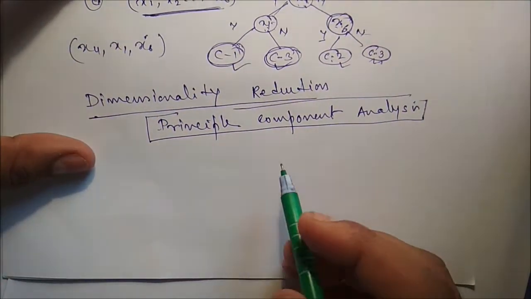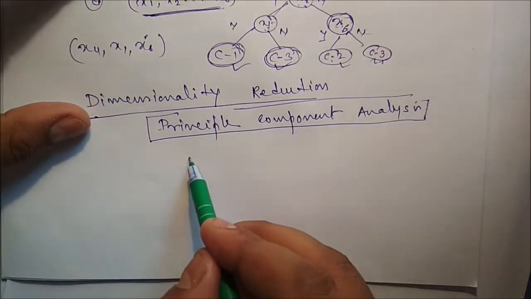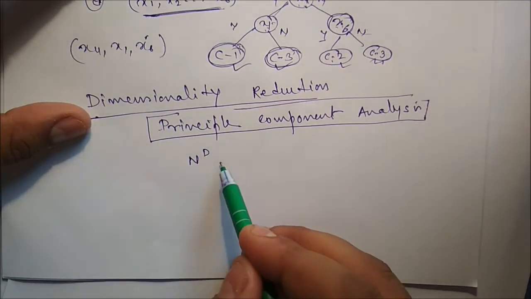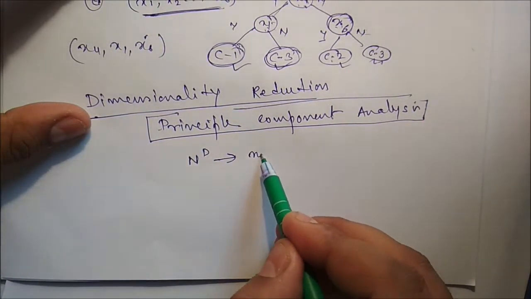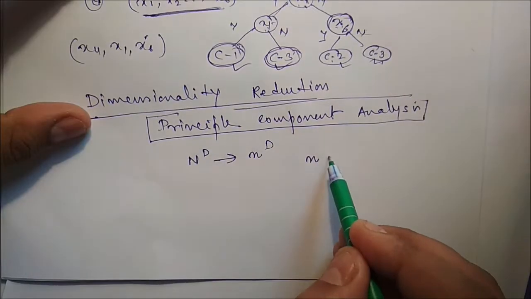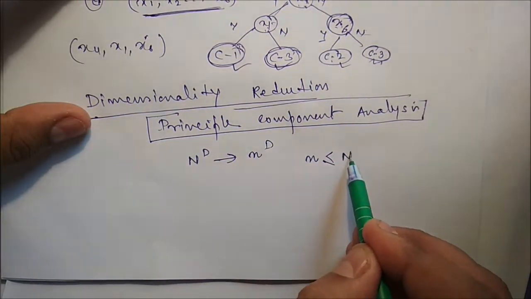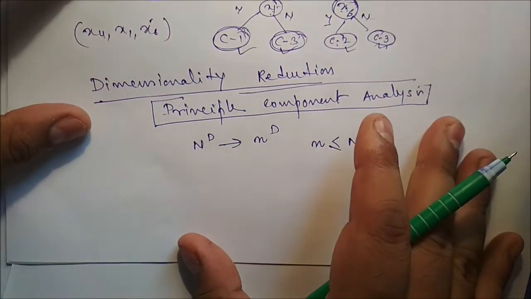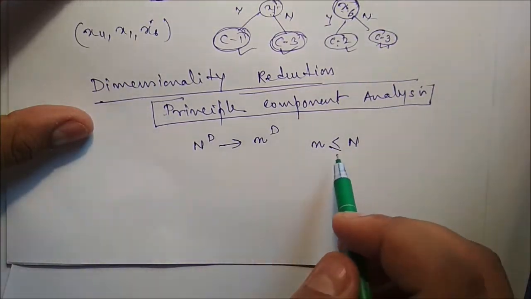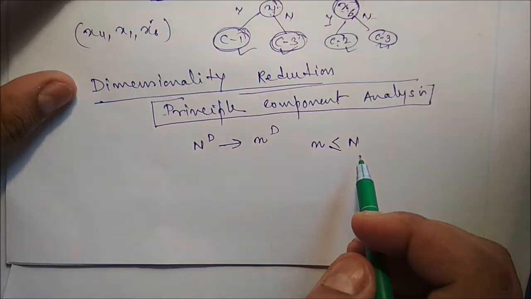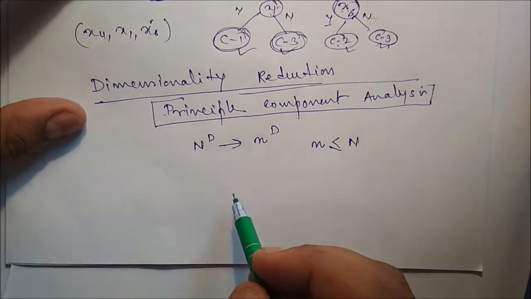But in short, say capital N dimensions are there. We have to convert these N dimensions into small n dimensions, where n is less than or equal to capital N. How it is possible and how we can perform that, we will see later.